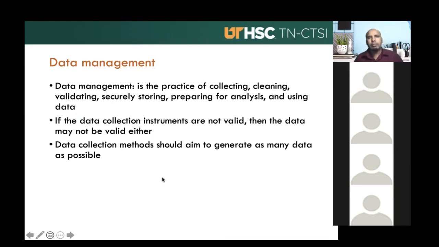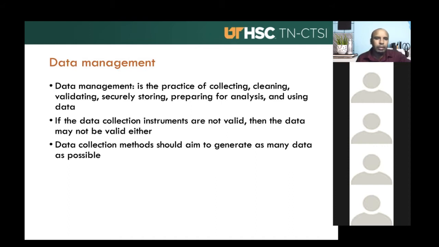So data management is described as the practice of collecting, cleaning, validating, and securely storing and preparing your data for analysis and using data. So data management begins at the point of collecting the data. If the data collection instruments are not valid, then the data may not be valid either.